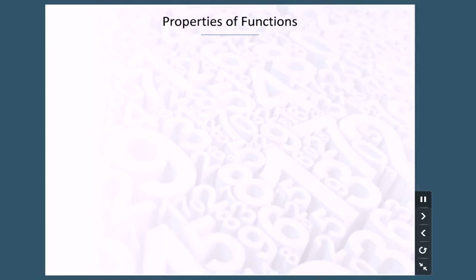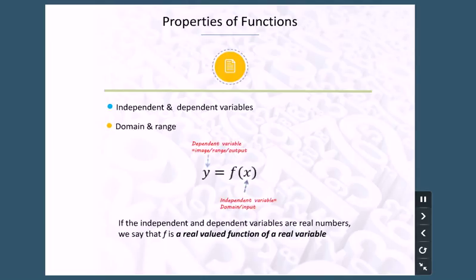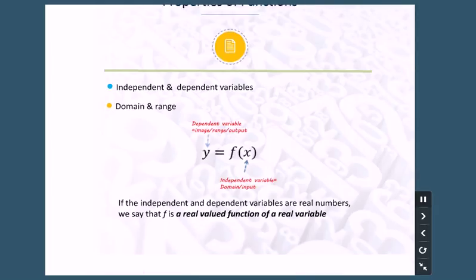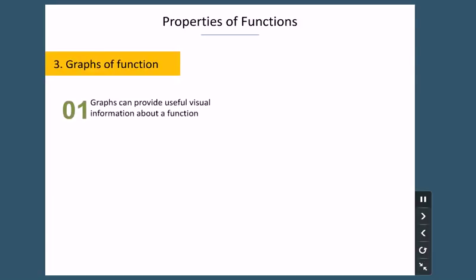Properties of functions. Independent and dependent variables. Domain and range. If the independent and dependent variables are real numbers, we say that f is a real valued function of a real variable. Graphs of functions. Graphs can provide useful visual information about a function.